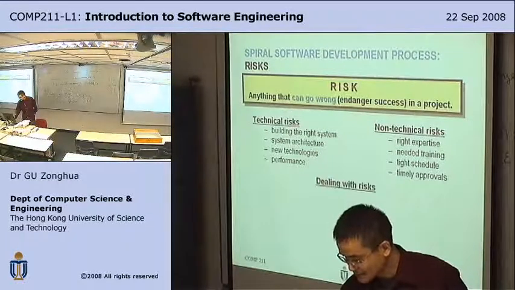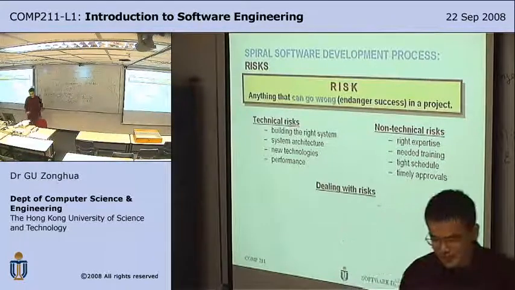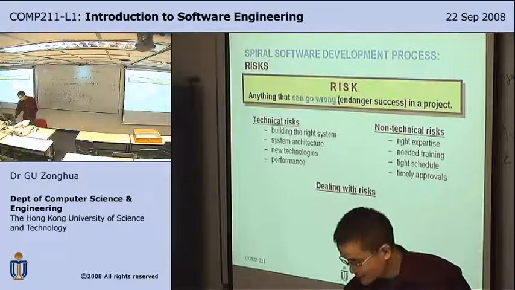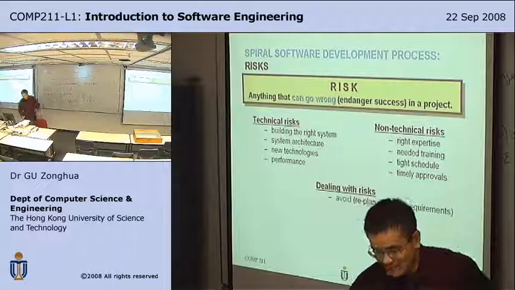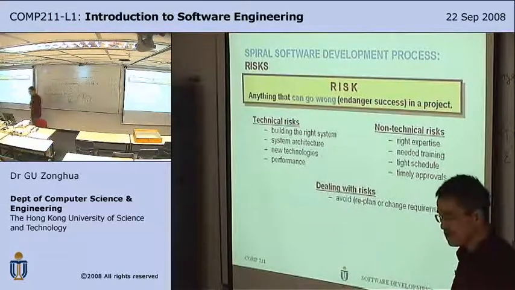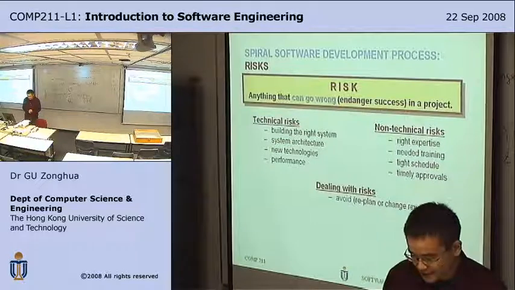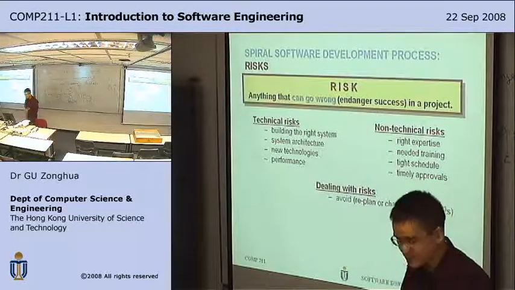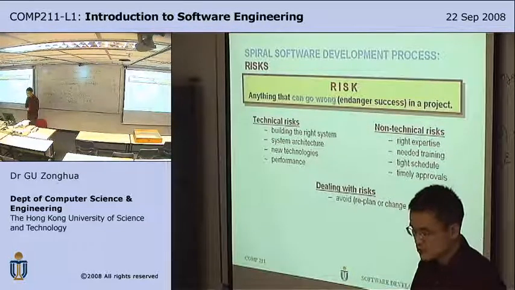So all these are risks. So how to deal with risks? You need management procedures. First is to avoid risks. That is, replan or change the requirements to avoid the risk.